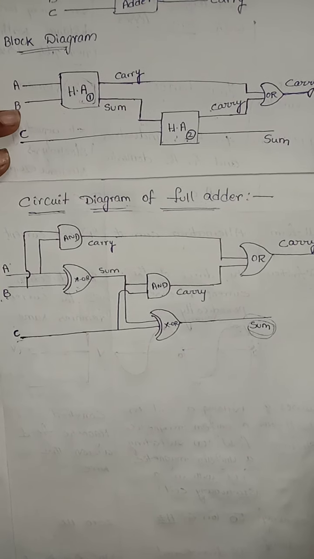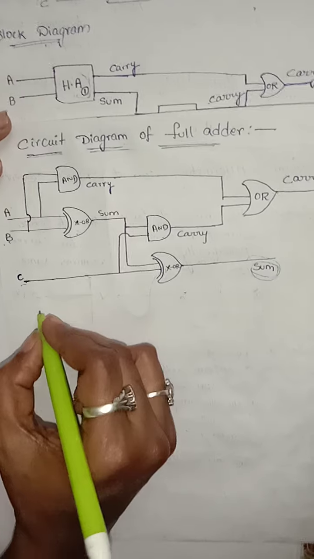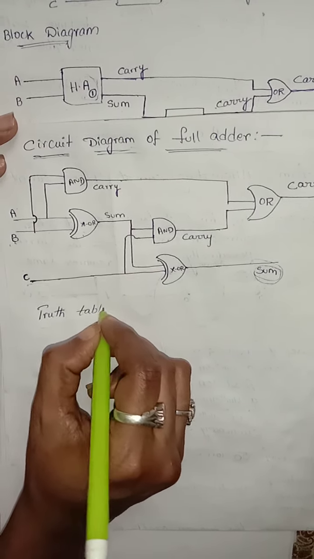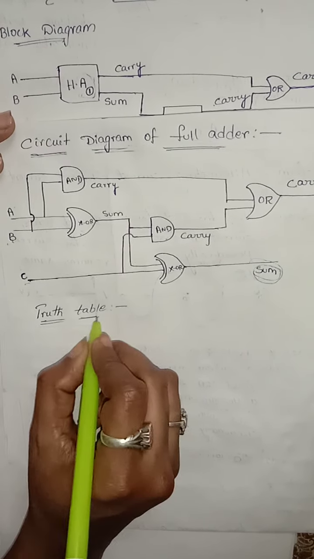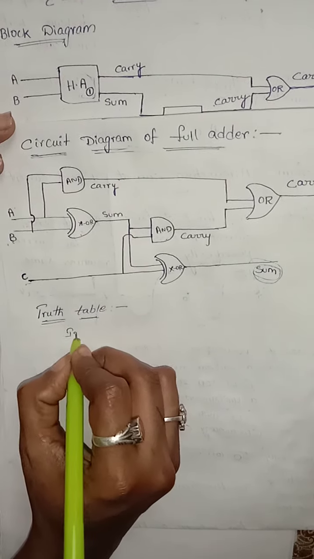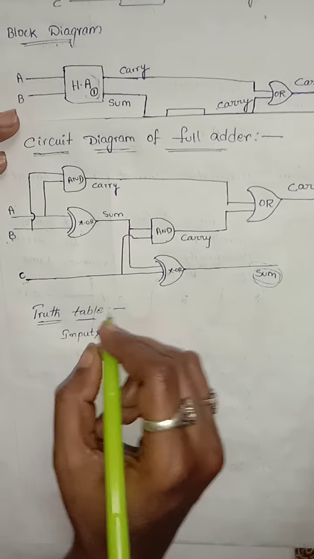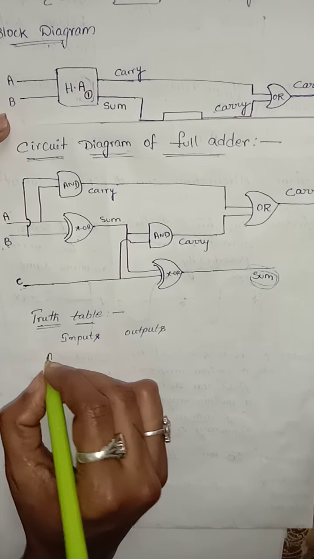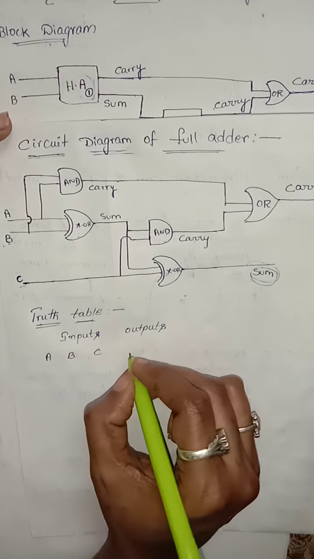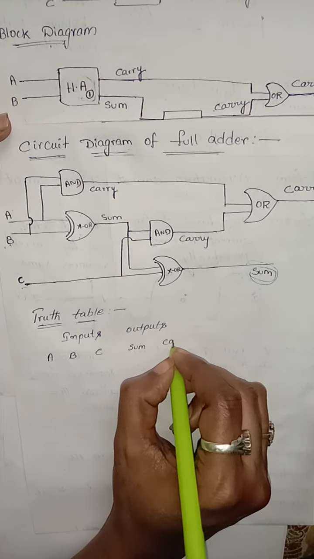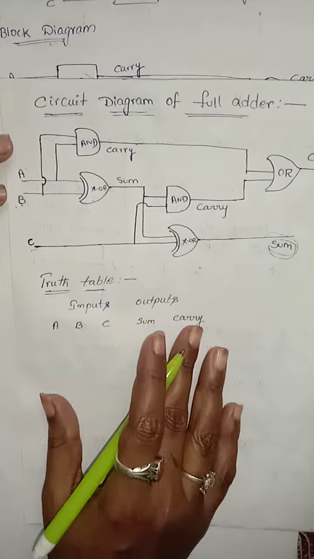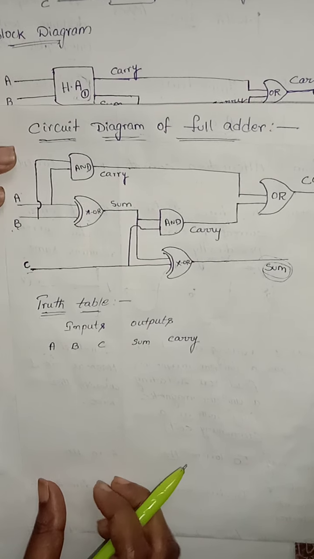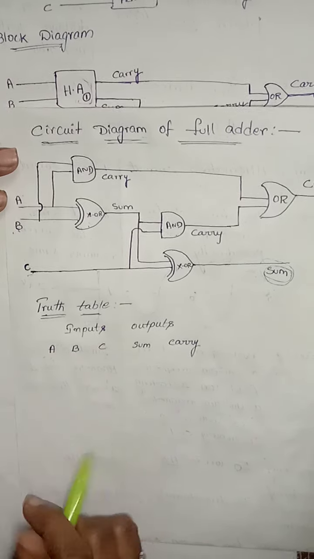And next, coming to the truth table of the full adder. Inputs, outputs. Full adder consists of how many inputs? 3 inputs and 2 outputs: sum, carry. Here inputs are 3, so we get 2 power 3, 8 ways.